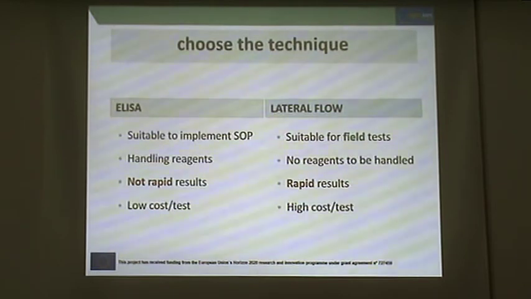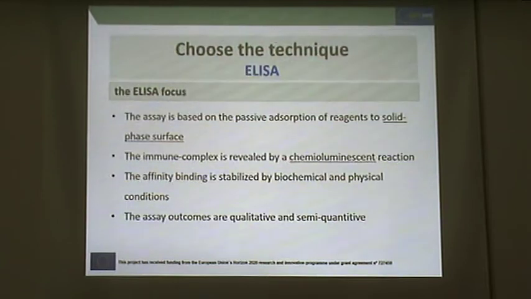The ELISA is suitable to meet standard operation procedures for the accreditation of testing laboratories, while the lateral flow is suitable for field tests. ELISA is not rapid, we know that. And about the cost, the ELISA cost per test is definitely lower than the lateral flow. So far for plant pathogens, I mean for the medical field.